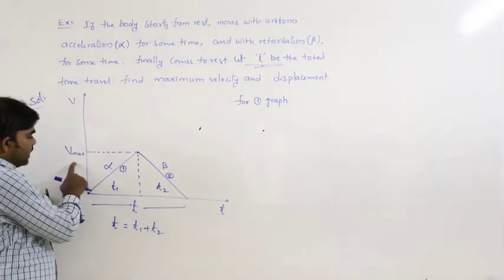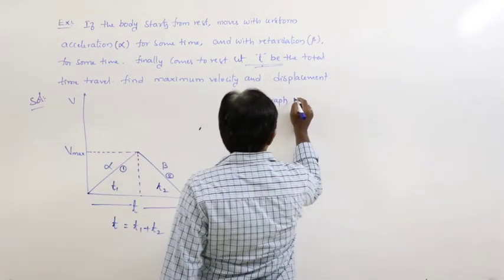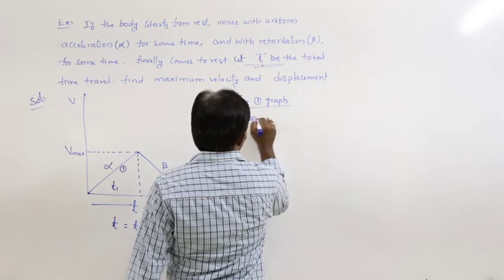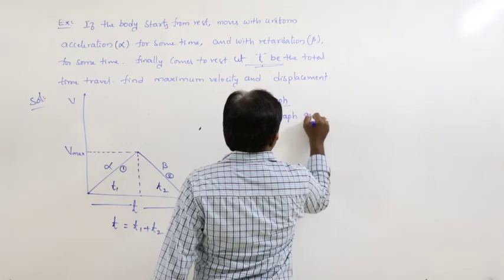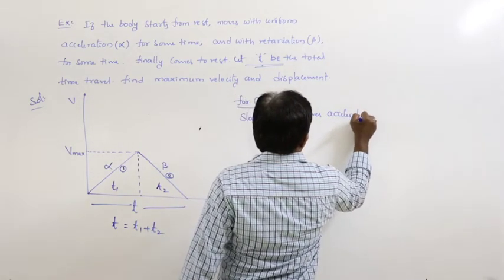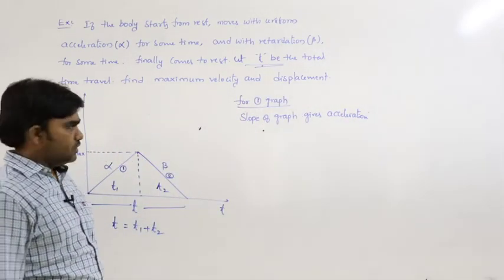We calculate V maximum. For the first graph, we can find the slope. Slope of the graph gives acceleration.